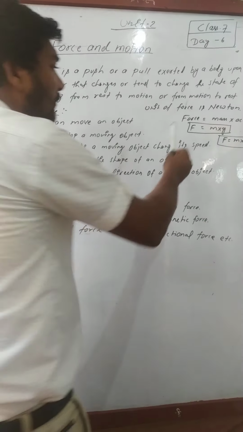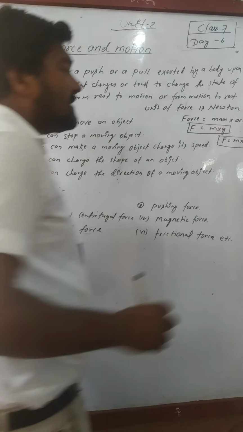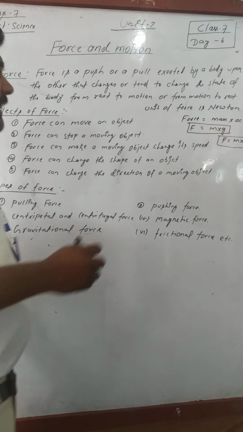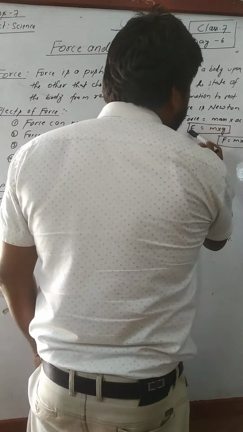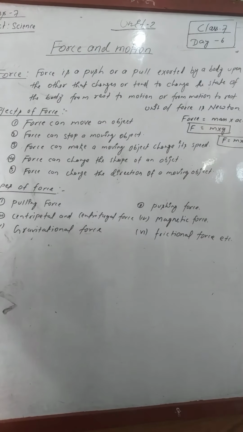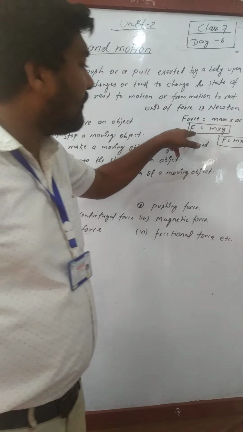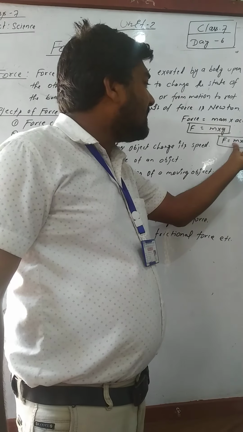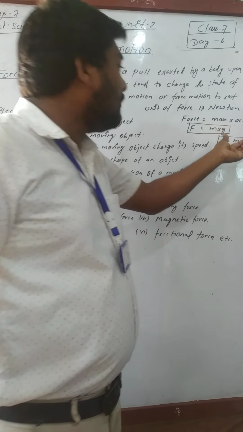We can say the formula of force is equal to mass into acceleration, F equals m into a, or F equals m into g. These are applied in different conditions. In the acceleration condition, it is m into a.